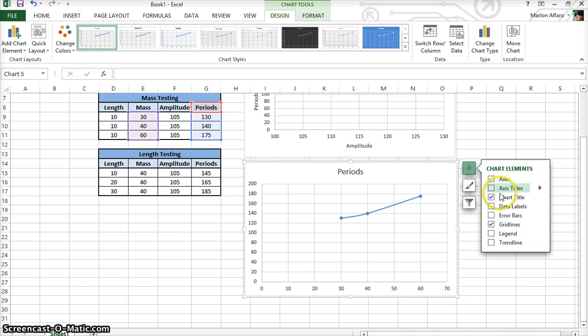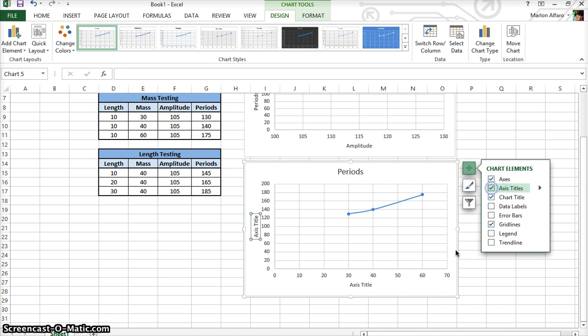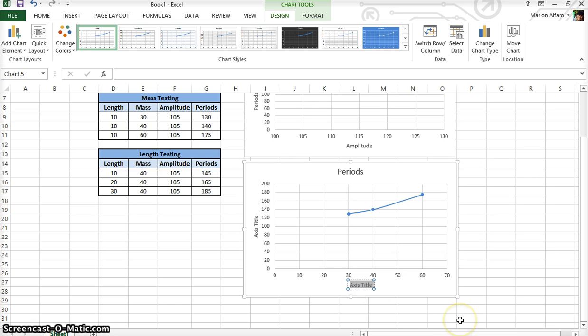Again, make sure you label your axis. So this time I'm gonna label this mass, and then I'm gonna label this my periods, and I'm gonna title this graph mass versus periods.